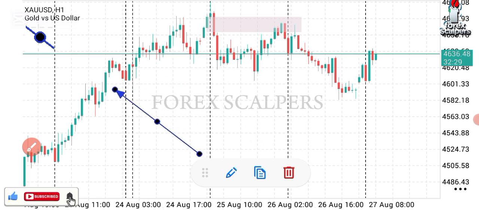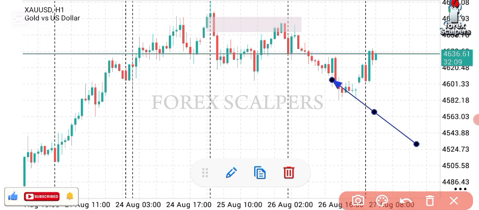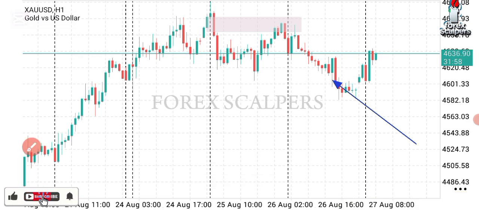You observe gold has been pulling to the upside, which obviously shows that gold has been in an uptrend scenario. So going by that uptrend, I have price making higher high, higher low, higher high, higher low. So if I mark out my structural point, this will be my higher low.